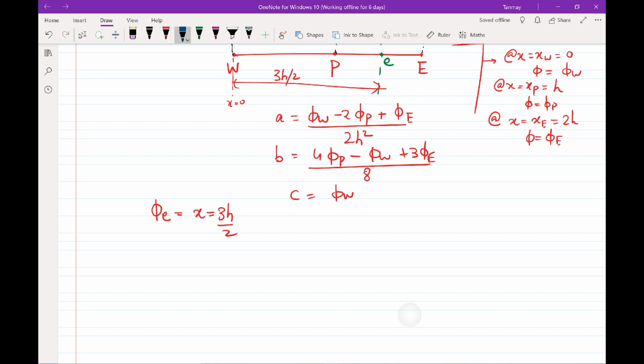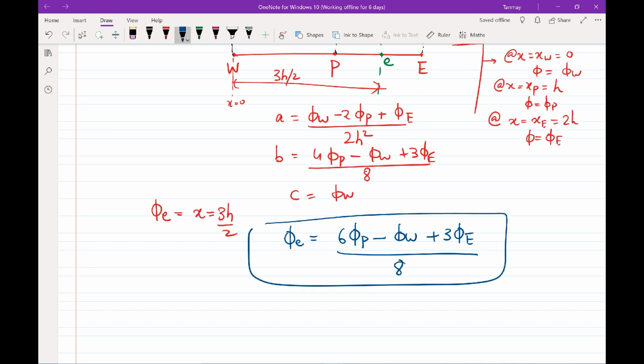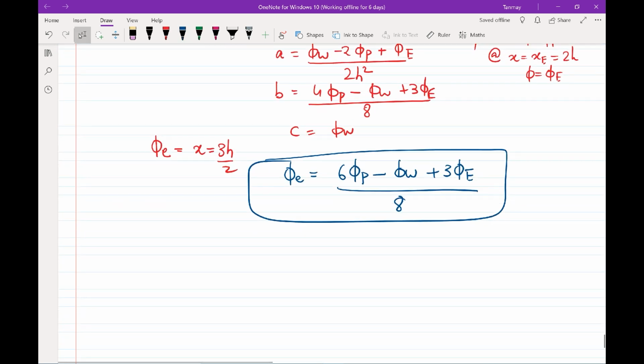If you put that in, you can obtain that phi small e is 6 phi p minus phi w plus 3 phi e divided by 8, right? So in the QUICK scheme, we use these 3 points around the control volume face to obtain this phi small e.